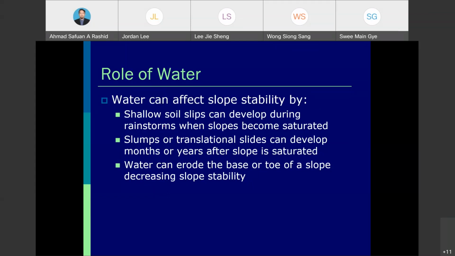Okay, but after more months or years, after the slope is saturated, it can make what we call a deep failure in the slope structure. Okay, so water can erode the base of the toe, especially when it is exposed to a river or to the sea side area.